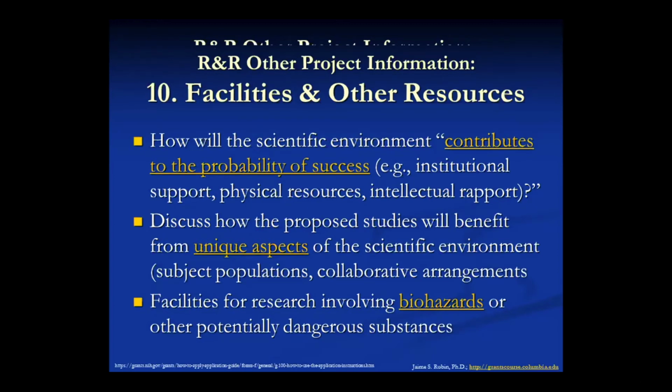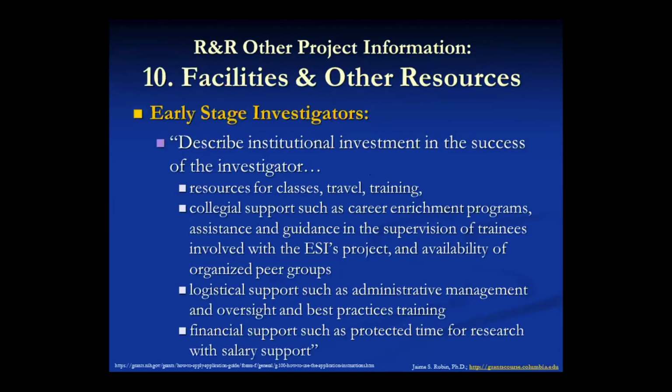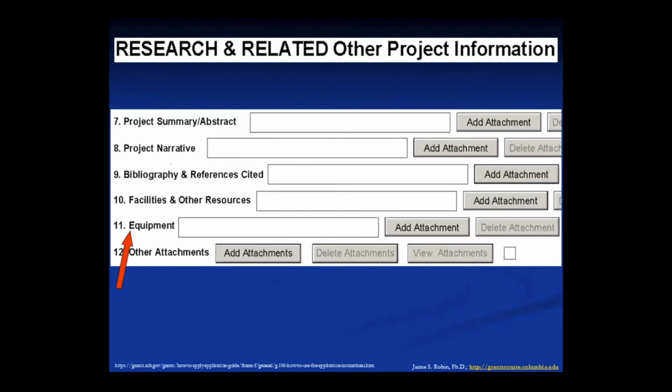If there are any special biohazards involved, you want to address it. There is a section many times, I haven't seen it used that often, where early stage investigators can talk about institutional support to help them manage the grant, pre-award, post-award, and so forth. And equipment.